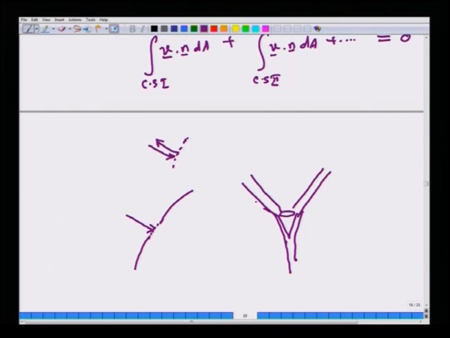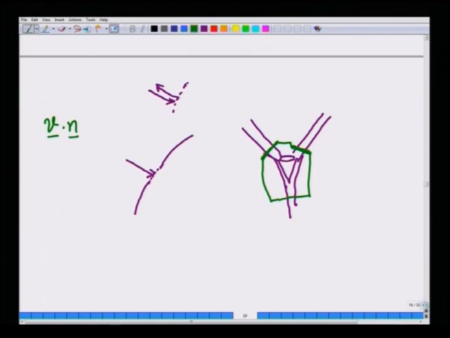Suppose you draw a CV with a CS, it is useful to keep the CS perpendicular to the outflow or inflow of the fluid. So this could be your CV, where the control surfaces are drawn perpendicular to the outflow, because only then does V dot n become an easier quantity to evaluate. So, that is one simplification that one can achieve.